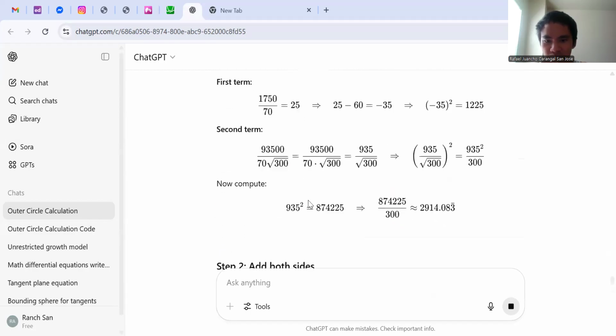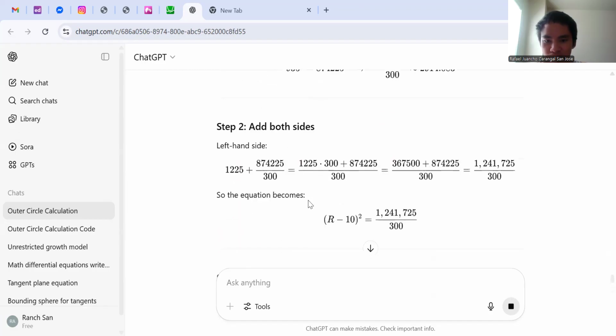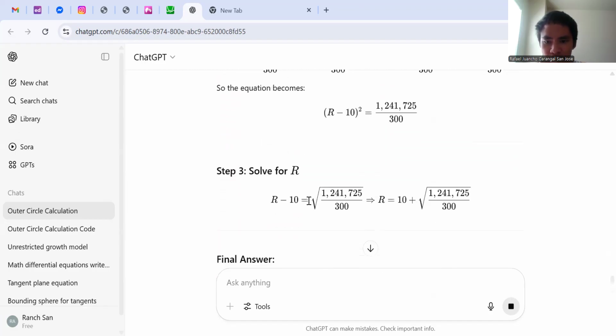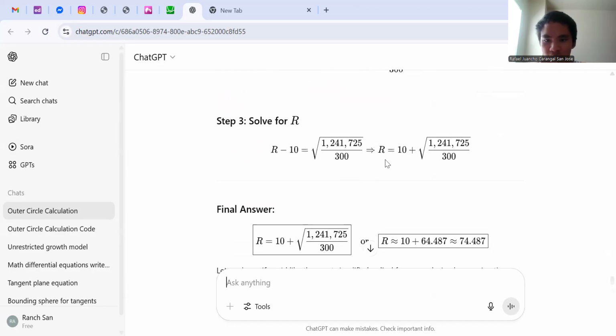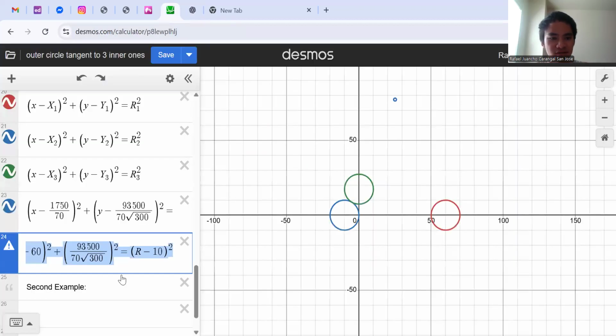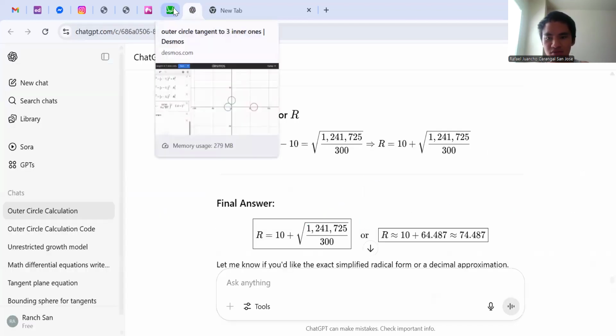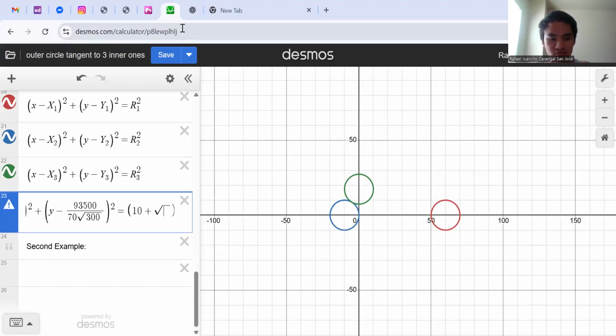And then I get some number. What? R minus 10. Yeah. So I get 10 to this thing. See if we actually got it for my R. So this is 10 plus square root of 1 million.